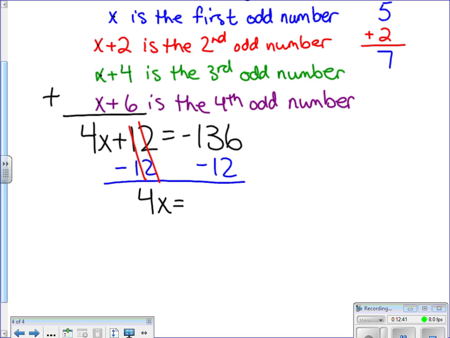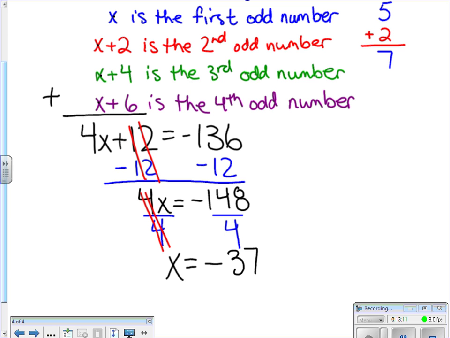Negative 136 minus 12 more is negative 148. And then we need to divide by 4. 4's cancel, multiplicative inverse. x equals negative 148 divided by 4. I believe that is negative 37.